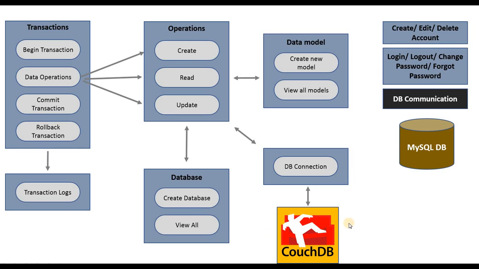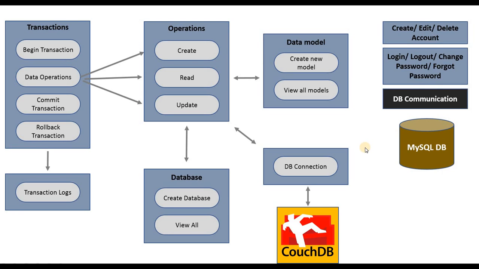Rather than storing those metadata within CouchDB, we will use this MySQL database. Because CouchDB doesn't belong to us, it belongs to our customer, we are not supposed to store any metadata in our customer's database. So we will have our own database, MySQL, where our metadata can be stored.